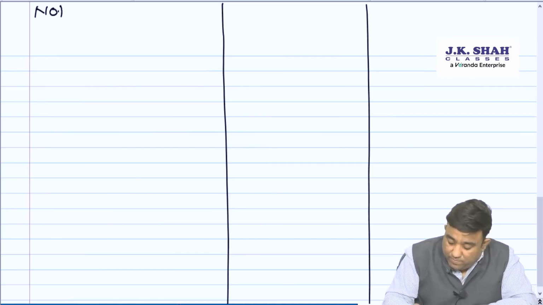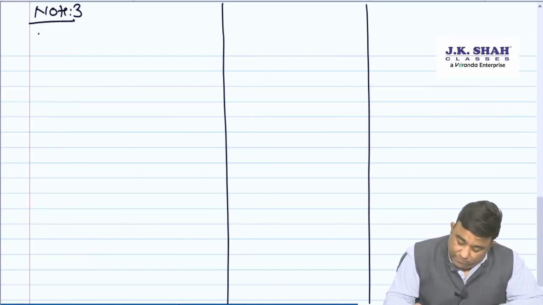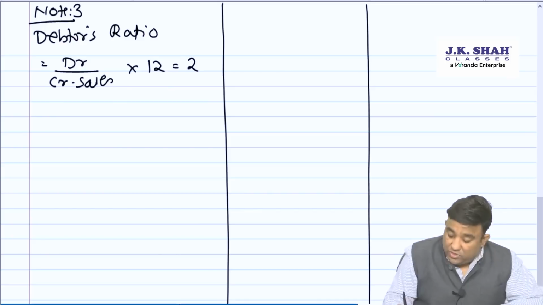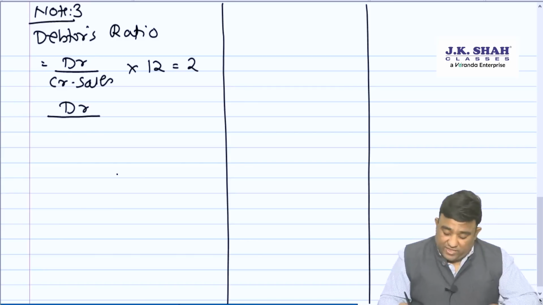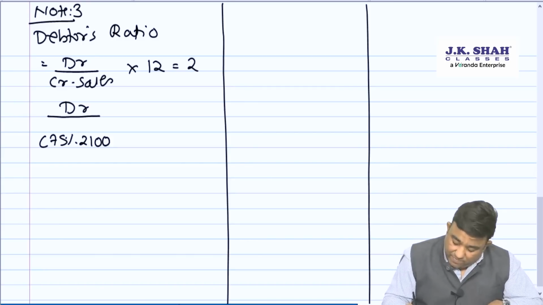Note number 3. If we start with the debtors ratio, they have given me debtors upon credit sales into 12 equal to 2. The 2 months are given. I don't have debtors, but I do have credit sales, which is going to be 75% of 21 lakh.